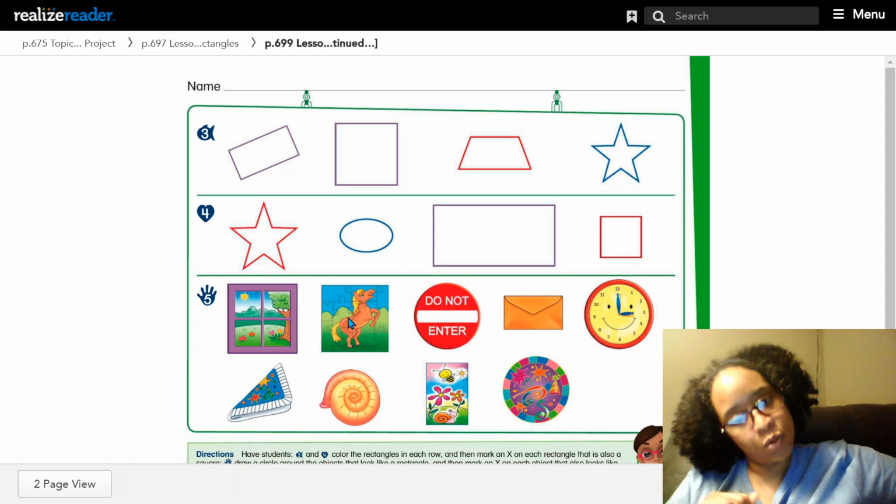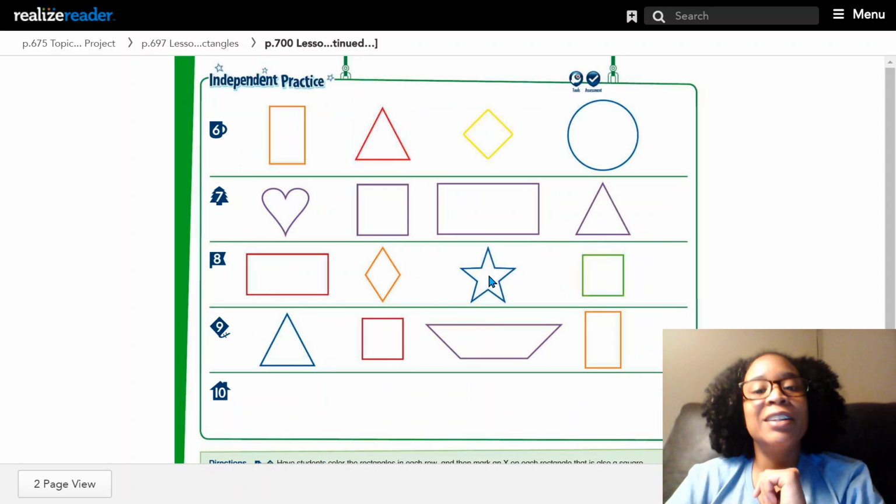4 more shapes. Use that little pinky and point to the square. Where is the square? I'm staring at the square. I know which one the square is, but do you know which one the square is? This one? No. Right, that's the star. We're looking for 4 sides, 4 vertices, and all the sides are the same length or same size.